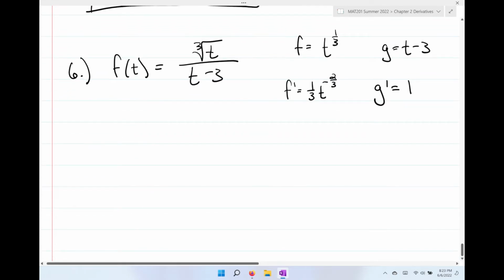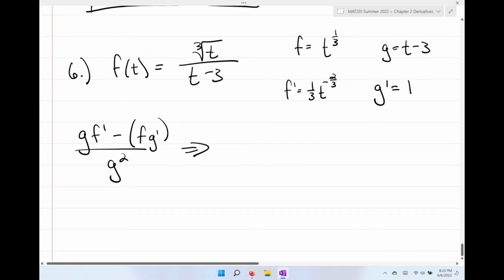Now, remember, with the quotient rule, order matters. So if you need to, go back into your table and find that quotient rule. The quotient rule, just to recap, is g f prime minus f g prime, all over g squared.